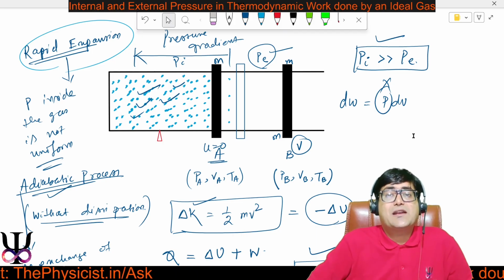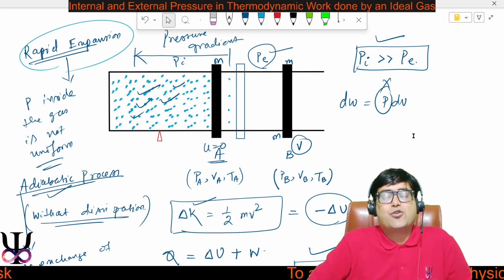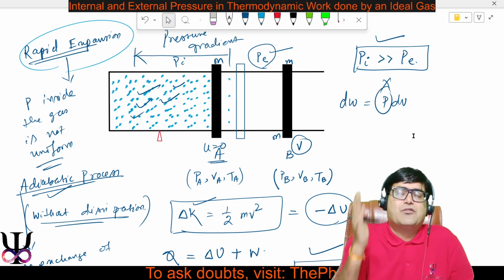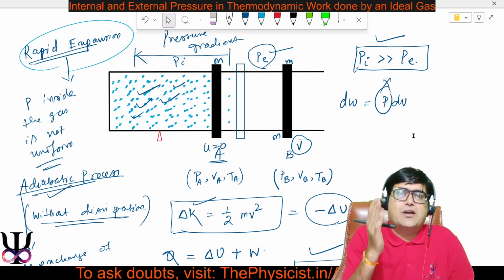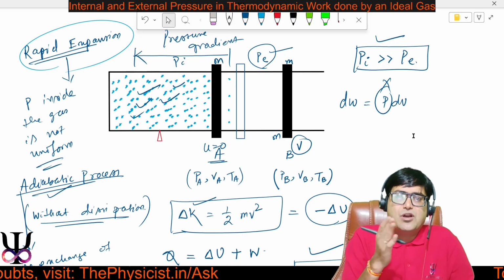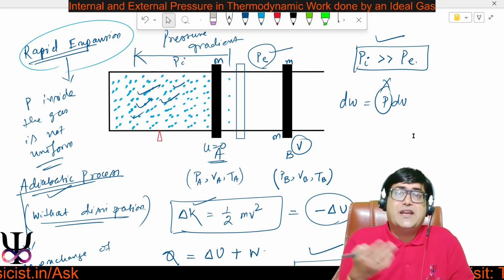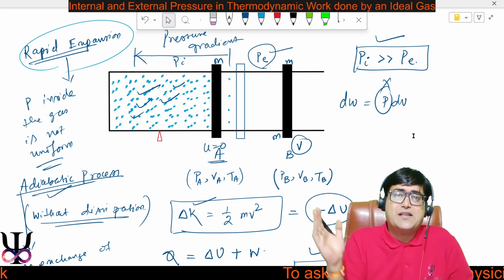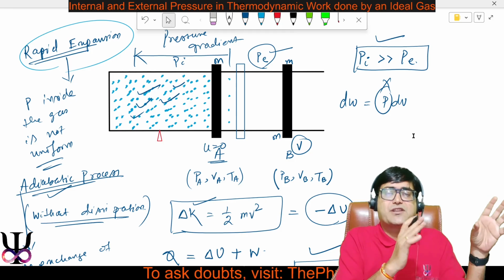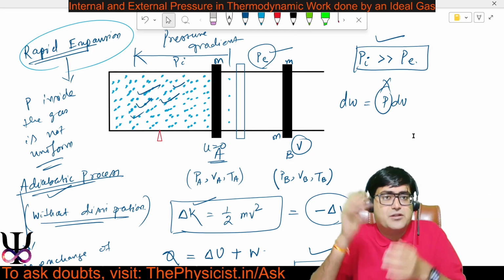Imagine the rapid expansion happens with some pressure inside, and there is a massless piston which is allowed to expand without any kind of dissipation, without any kind of restriction. It only expands due to the difference of pressure on both sides. The internal pressure is definitely greater than the external pressure.